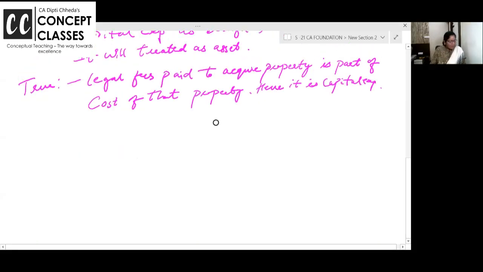Fourth one. It is false. They said it's a capital expenditure. No, it's not a capital expenditure.